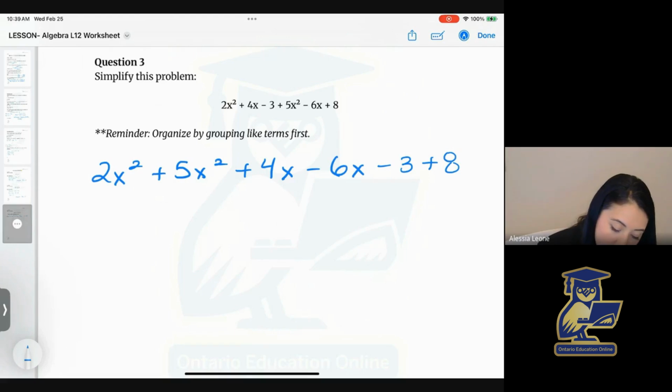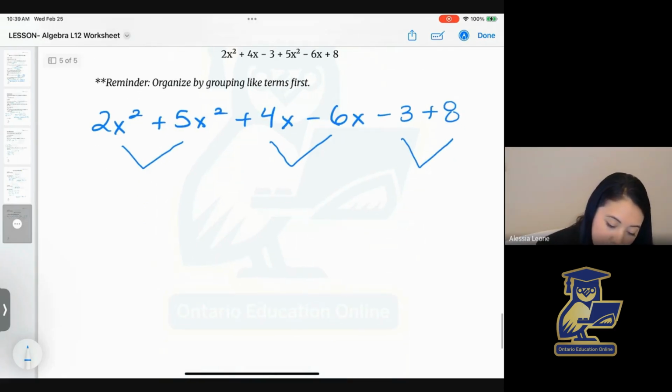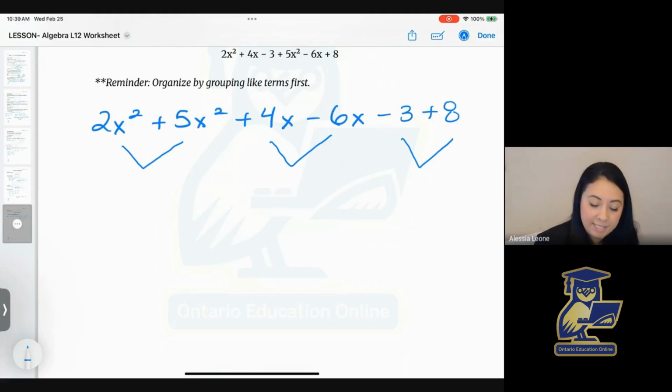Next thing we're going to do is solve these. So I'm just going to draw it out like this, just to keep track of what we're doing here. 2 plus 5 is 7. So that gives us a 7x squared. 4 take away 6 is a negative 2.